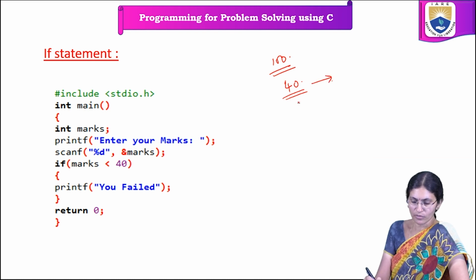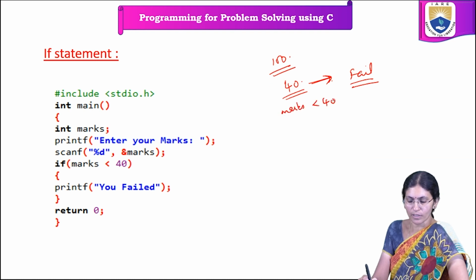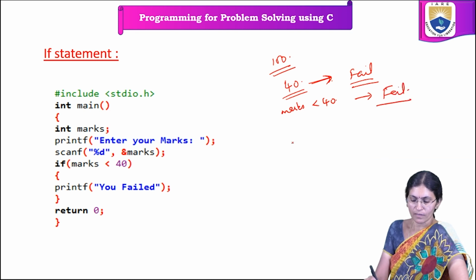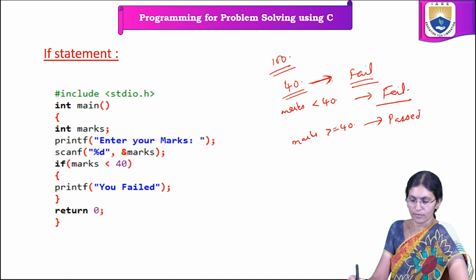So we'll write a program for this by making use of the if statement. If the marks are less than 40, then he is considered as fail. If the marks are greater than or equal to 40, then he is passed.